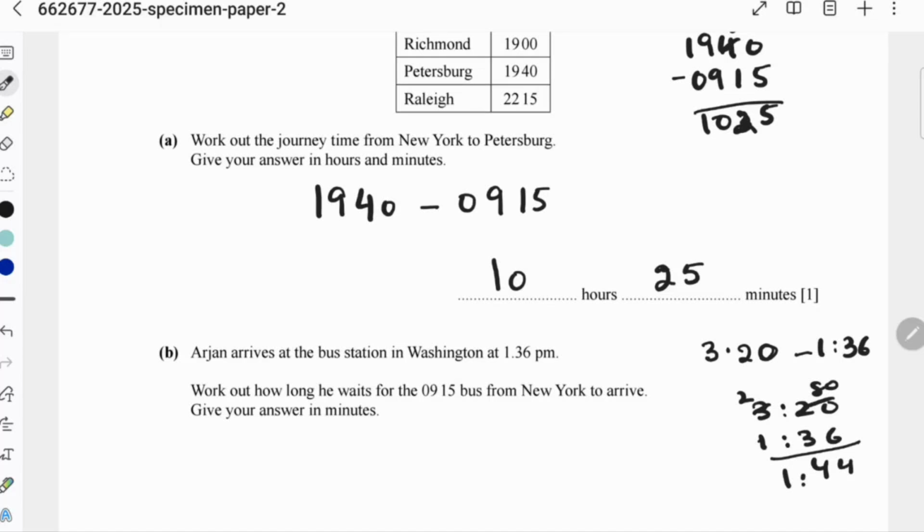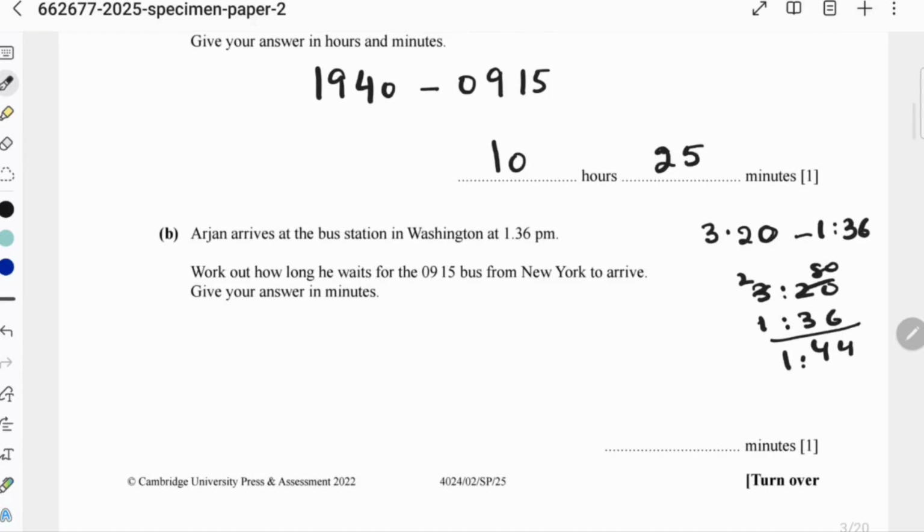So he has to wait 1 hour 44 minutes. So you just write down 320 minus 136, which equals 1 hour and 44 minutes.